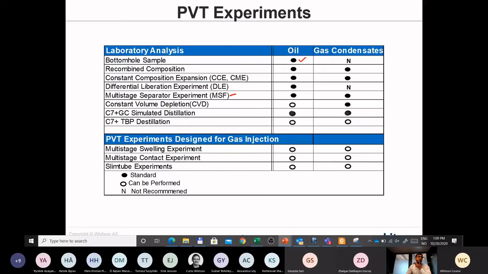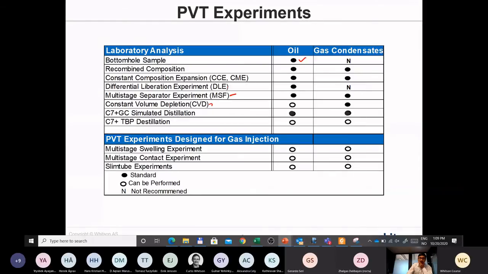In the CVD experiment you deplete the gas condensate reservoir, you get this equilibrium oil, which is your liquid dropout, and then you continue producing the equilibrium gas, which represents very closely the well stream composition that you are expected to produce with the depletion of the field.